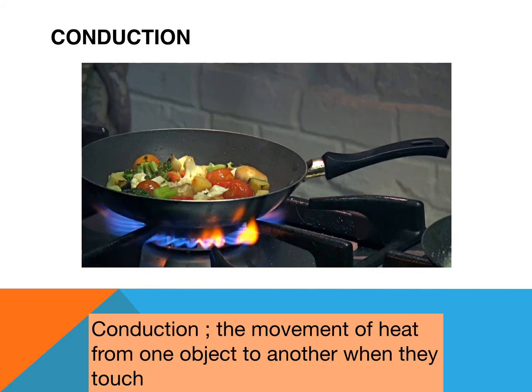So whenever heat is transferred between objects that touch each other, like the vegetables and the pan, we call that conduction. Remember, if two objects are touching each other and heat is transferred between them, we call that process conduction. Conduction is the movement of heat from one object to another when they touch.